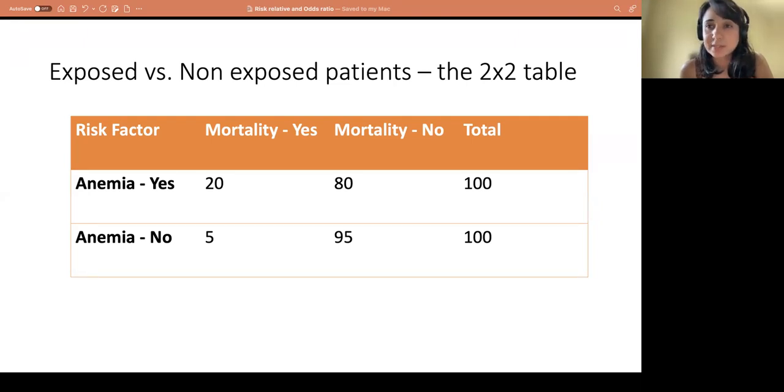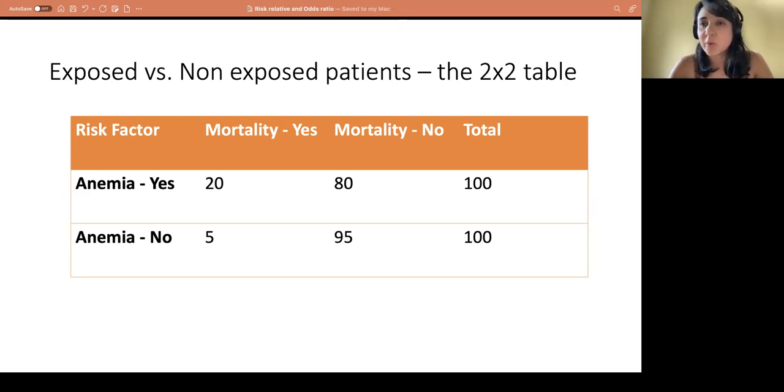And in the group that had no exposure to anemia, so no anemia, no risk factor, no exposure, we had 5 deaths and 95 alive patients from a total of 100.